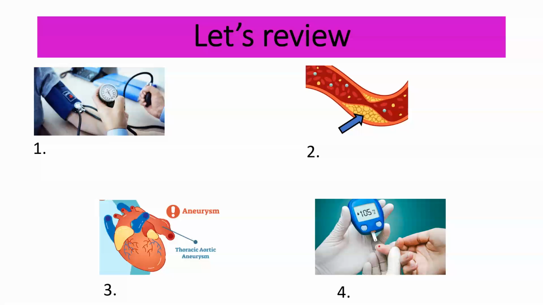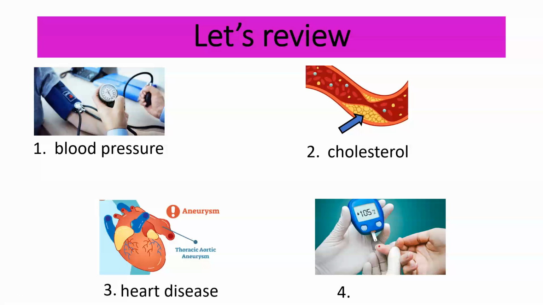So let's do a little review. Pause the video, take out a piece of paper, and try to remember the word from our list. Write down the words 1, 2, 3, and 4. Ready for the answers? This should be blood pressure, cholesterol, heart disease, and diabetes.